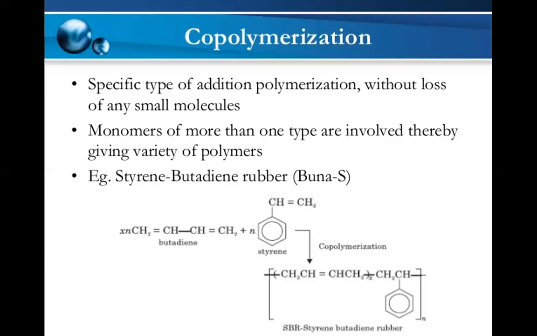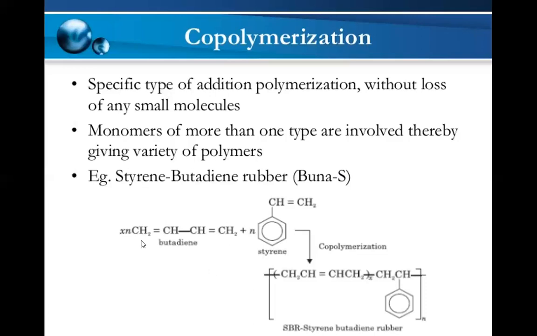An example is styrene butadiene rubber, which is known as Buna S rubber. Buna S is a combination of butadiene and styrene, and the reaction is carried out in the presence of the catalyst sodium, indicated by the letters Na. See here the example.